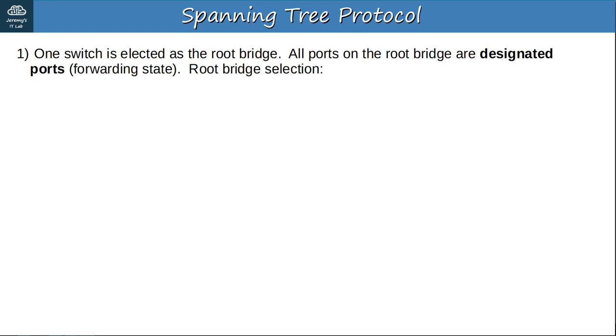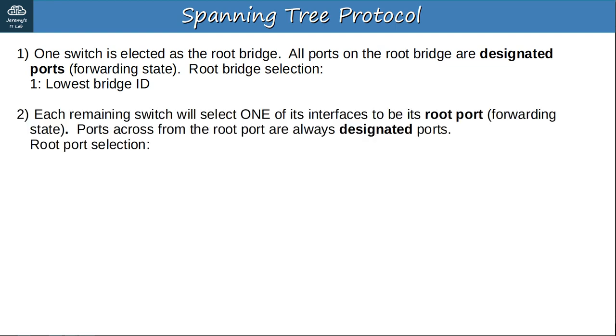Okay, so I've updated our spanning tree summary here. First, one switch is elected as the root bridge. All ports on the root bridge are designated ports. There is only one step in selecting the root bridge. That is the switch with the lowest bridge ID. Next, each remaining switch will select one of its interfaces to be its root port, which is also in a forwarding state.